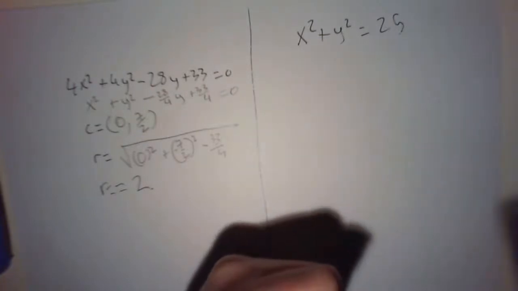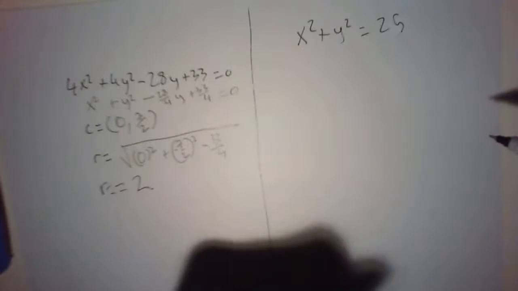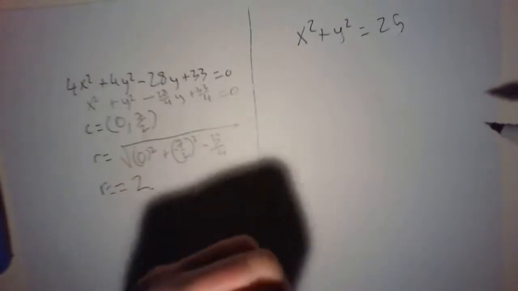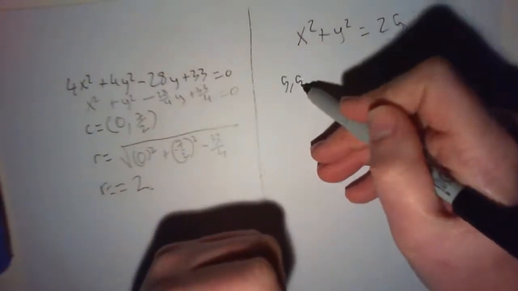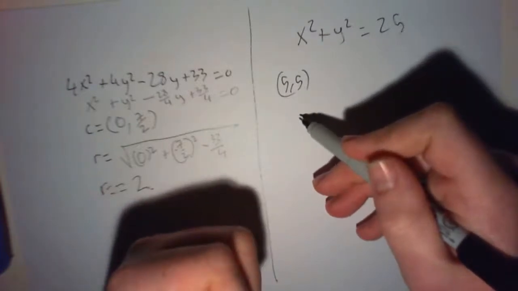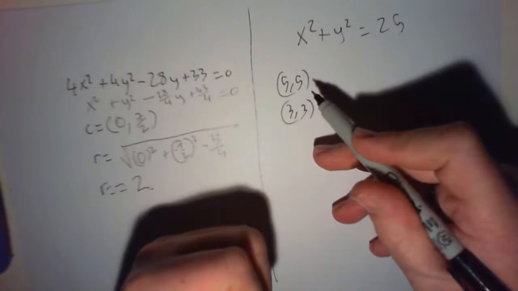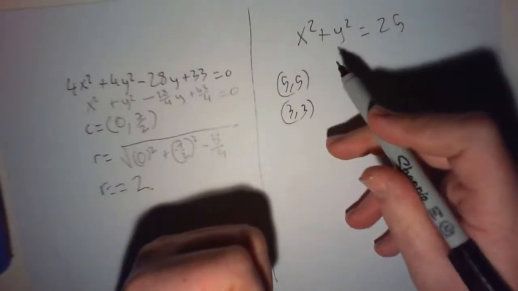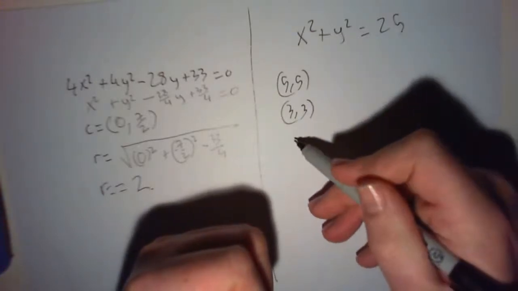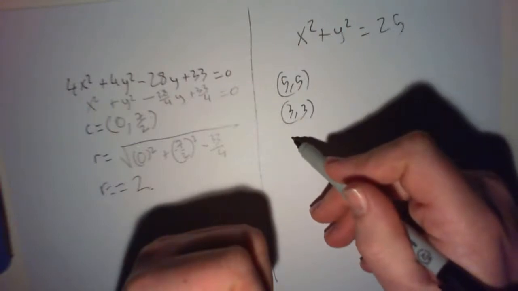Now let's take the story of 3 different points. Let's take the point 5, and let's also take the point 3, and let's also, and this is important, take the point 3, 4.